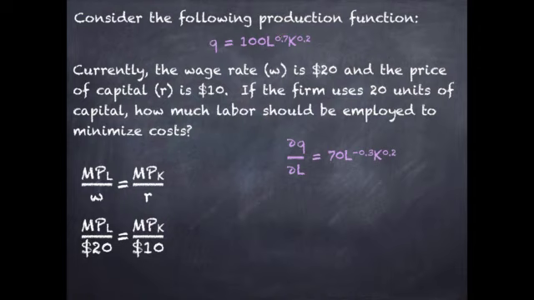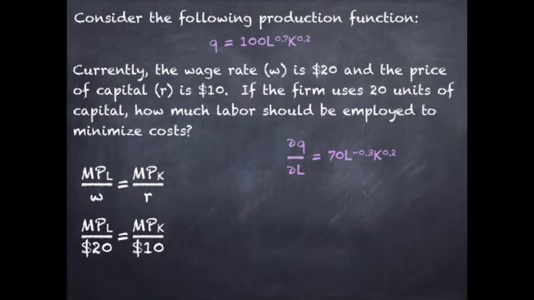So we have 100 multiplied by 0.7, which gives us that 70. And then we subtract off 1. All right, we lower the exponent by 1 power. So it's 0.7 minus 1, so it's negative 0.3. And capital is remaining unchanged here, so it's considered as a constant, so we just have K to the 0.2 as it appears in the original production function.